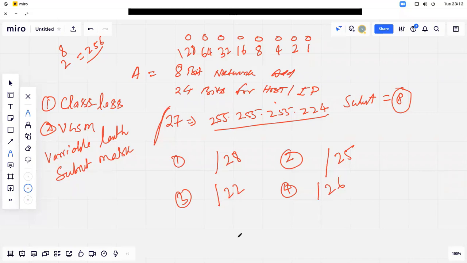So what you need to access from this network, first you have to create the subnet mask. You need to access the subnet mask, as I have done for /27. First, you need to access the subnet mask. Second, you need to access the block size.